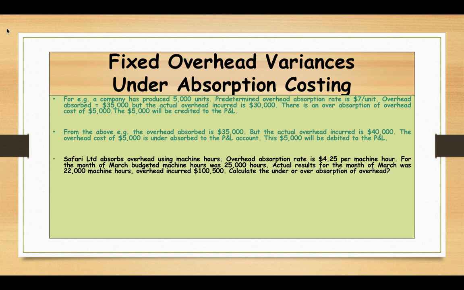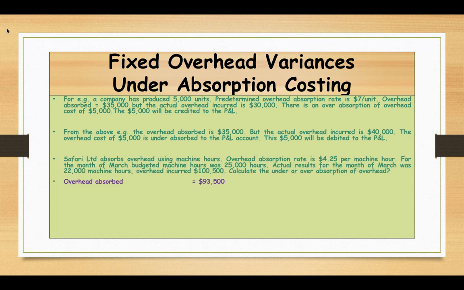For the month of March, budgeted machine hours was 25,000 hours. Actual results for the month of March was 22,000 machine hours. Overhead incurred $100,500. So we need to calculate whether there is an under or over absorption of overhead.